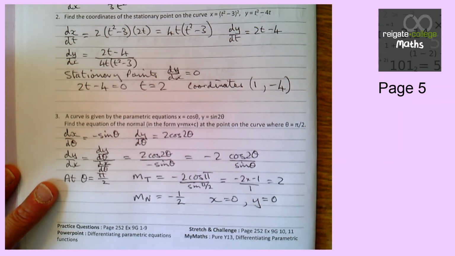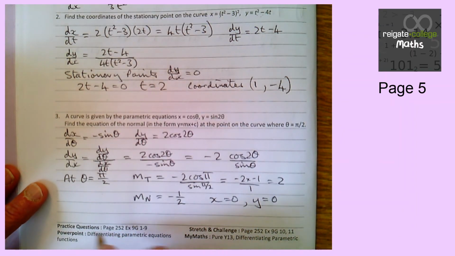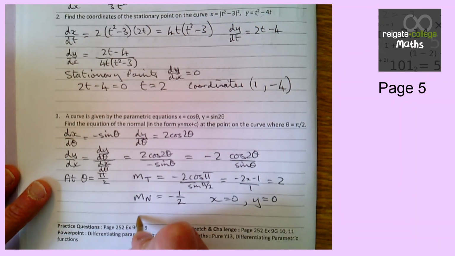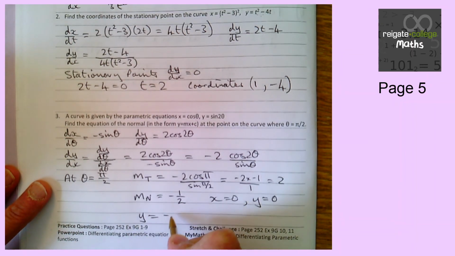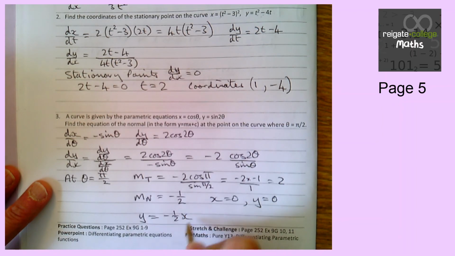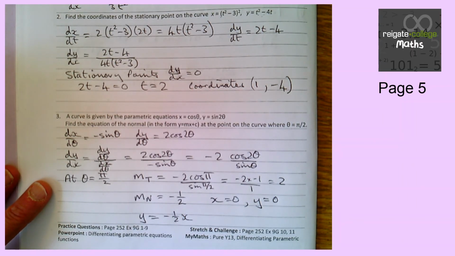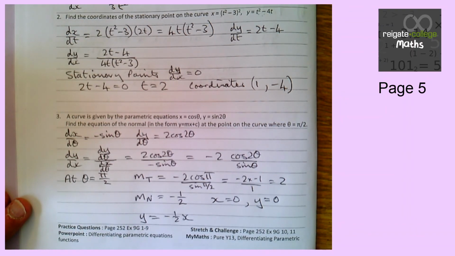So it's going through the origin, isn't it? So we've got y equals minus a half x, through the origin, so its y-intercept is 0.